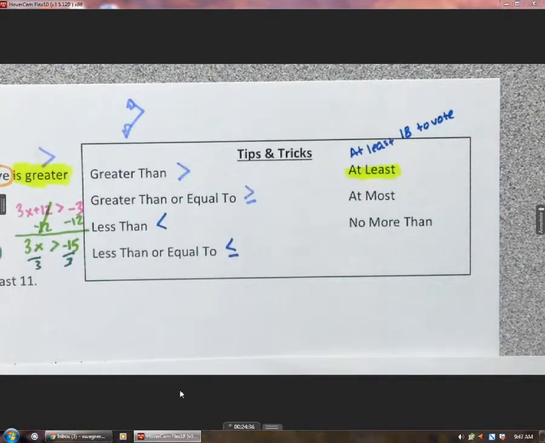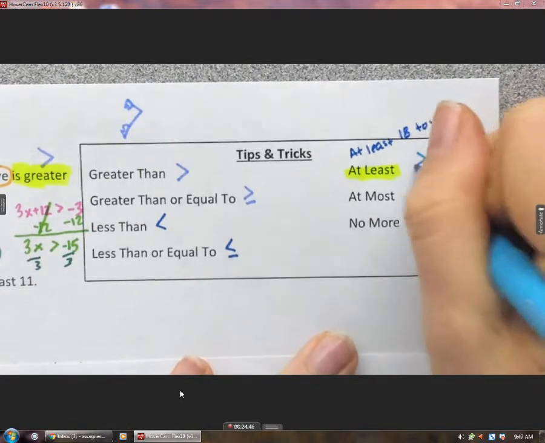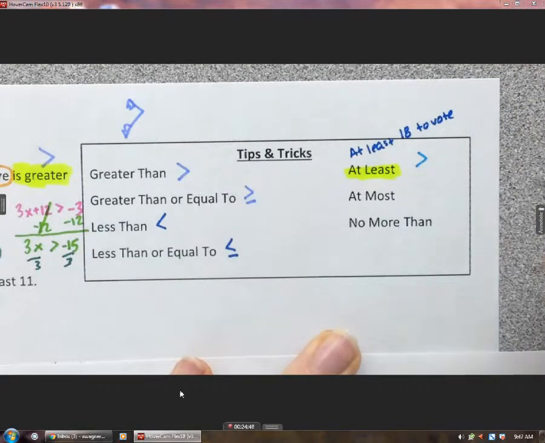That means your age needs to be greater than 18. Can you be equal to 18? Yes. So that is a greater than or equal to. At least 18 to vote.